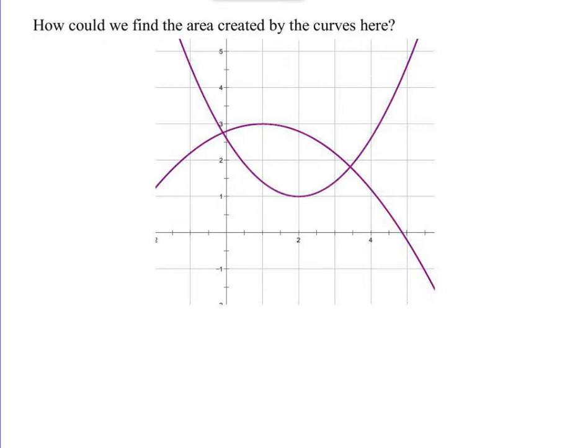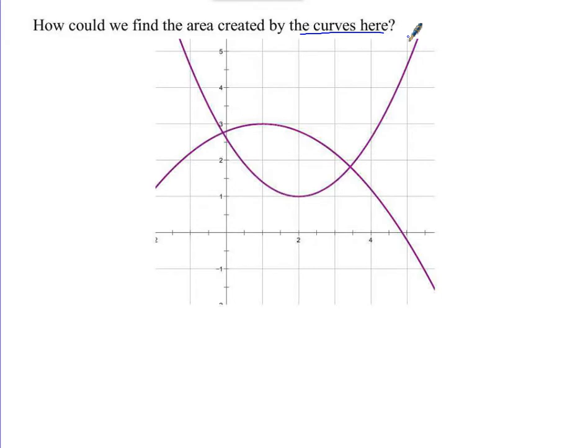Slightly different problem here. How could we find the area created by the curves on this one? This is different. Yeah, the difference on this one is we're not going from A to B like we did last time. There is no A to B. This time we're finding the area created by the curves. So what do we do?